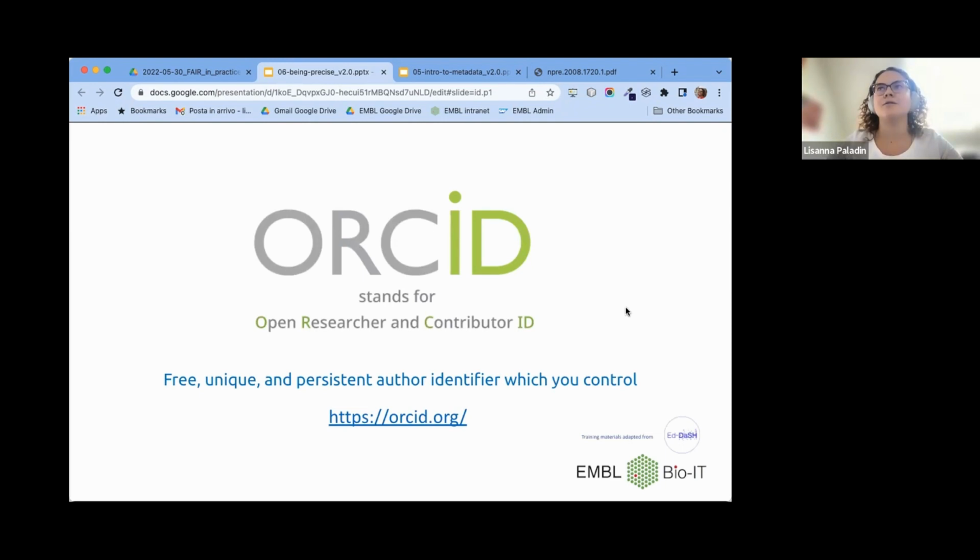Maybe I can try to understand here in the room how many of us have an ORCID profile or ID. Can we share this with the reactions? Can you put your hand up if you do have an ORCID ID?